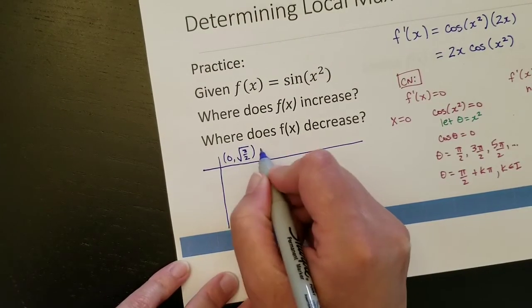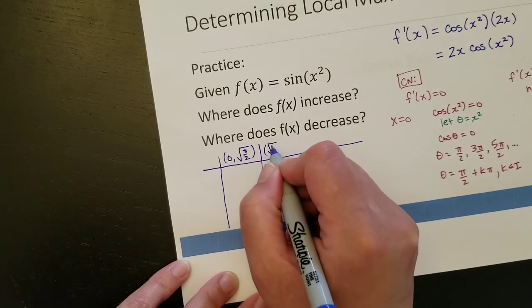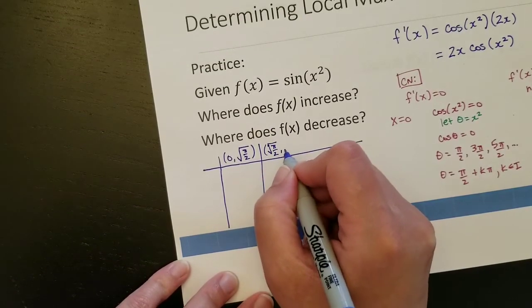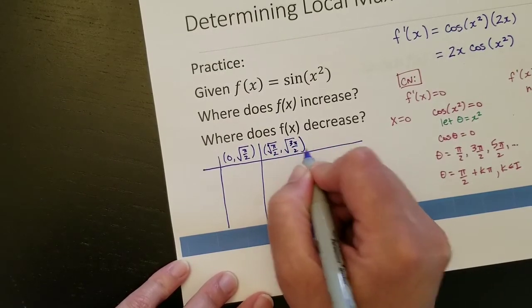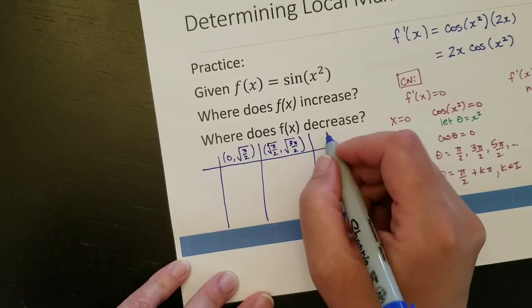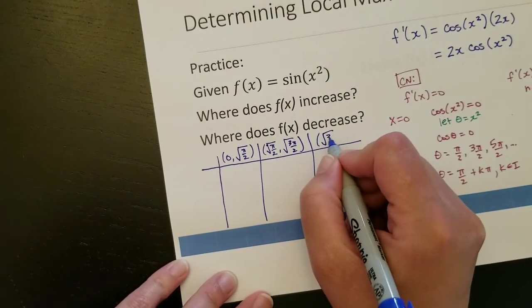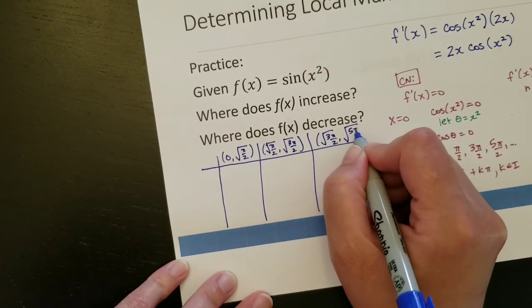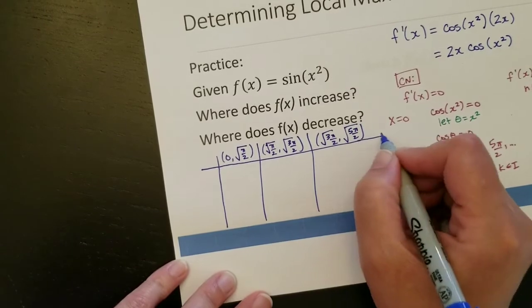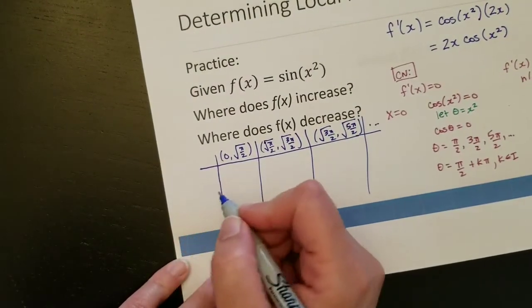So pi over 2, and then root pi over 2, root 3 pi over 2. We'll maybe just do a couple steps of this table. And then root 3 pi over 2 and root 5 pi over 2. It will continue in a pattern. So I'll just do the first few.